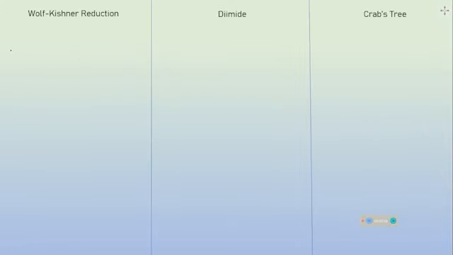Wolff-Kishner reduction. We know that aldehydes or ketones on reaction with hydrazine produce hydrazones.